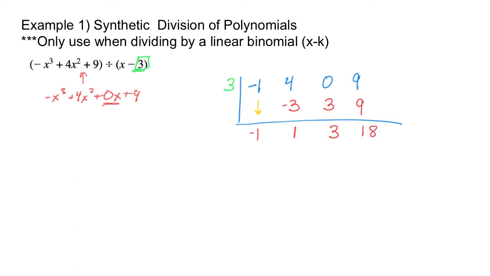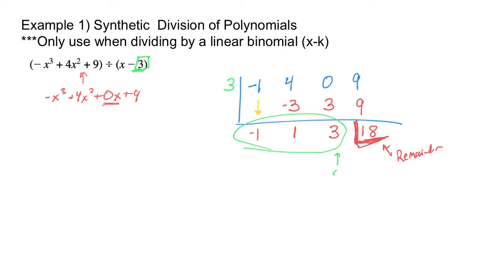That is all there is to synthetic division. We actually have finished doing the problem. You just got to interpret the results and realize what it is that this is telling you. What I like to do with this last number is I kind of like to chop it off, because that number right there is going to represent the remainder. It's what's left over. It's that thing that you were writing on top of the fraction when we were doing long division. And the rest of this actually ends up being the polynomial. And we build the polynomial backwards.